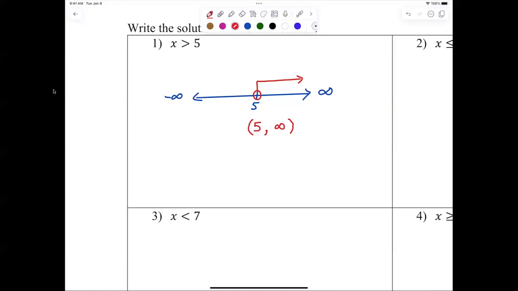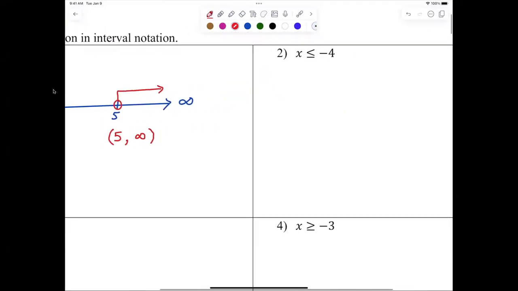Now let's take a look at number 2. Yesterday we learned if we were to graph this on a number line, we would start at -4, and it would be a solid dot at -4, and we would be going to the left.